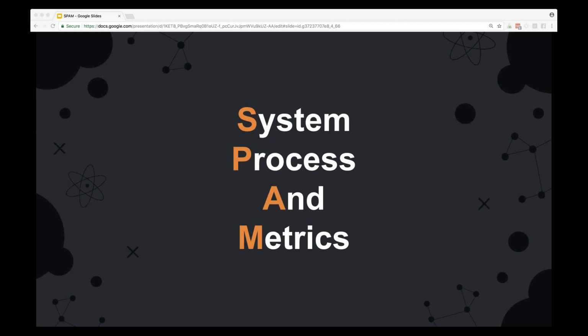In order to figure out what's going wrong with the system or the process, you have to know the metrics by which you're judging them. So it's a really simple message, SPAM. It's easy to remember. This is what I hope you take away from today: the system, process, and metrics by which you should be assessing your sponsored product ads, or your employees or consultants who are running your sponsored product ads.